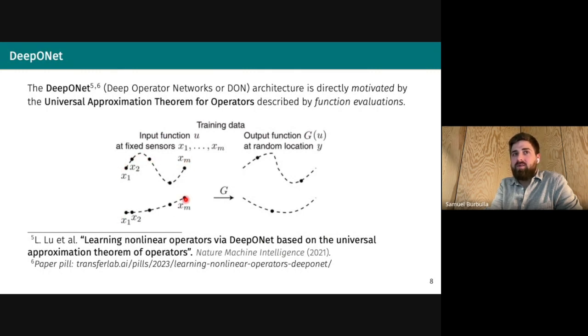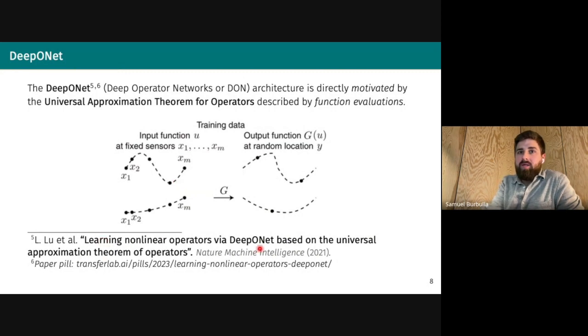This is another function evaluated at the same positions. And our operator G maps this function to the output function G of u. And as this theorem is formulated, we can then evaluate this output function at some random location y, so some point here or here or here. Okay, so the representation of the function is by a list of evaluations.